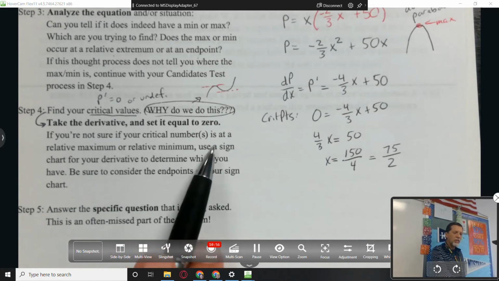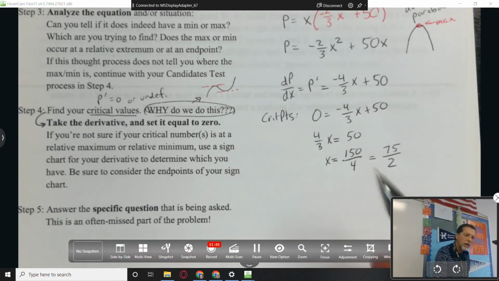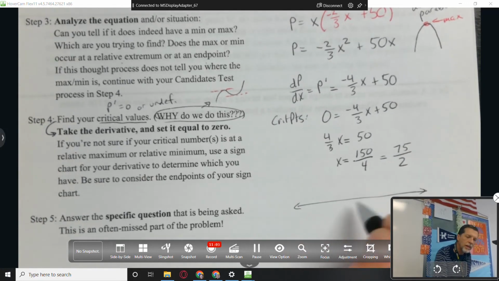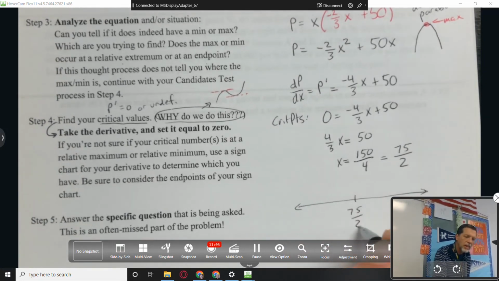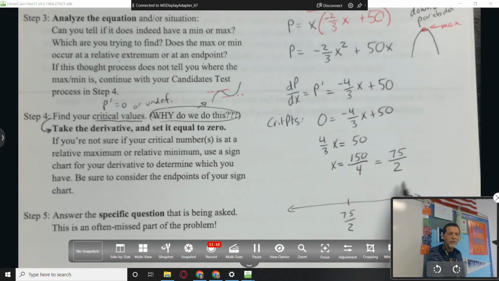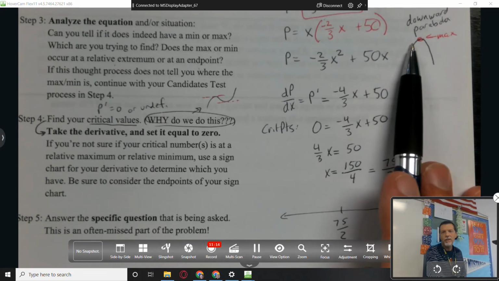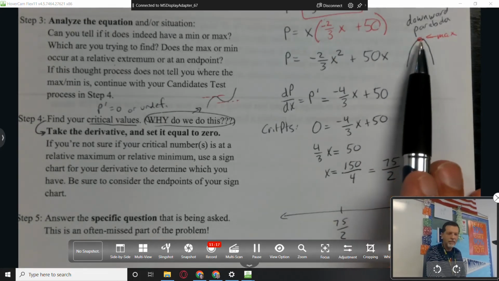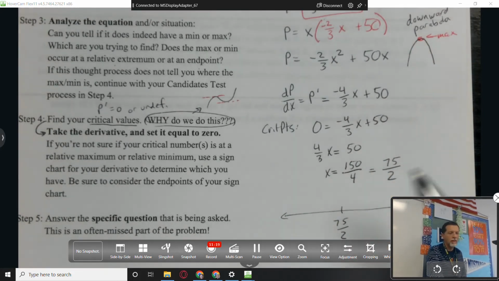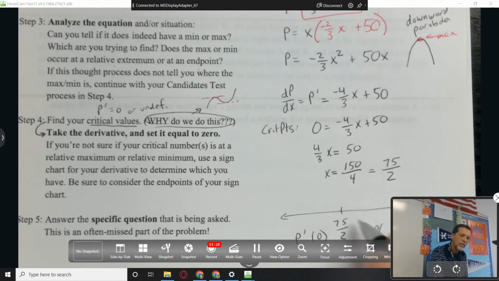If you're not sure your critical number is a max or a min, use a sign chart. That would be a number line with 75 halves on it. On this one, you could argue that we don't need to do that because we know this is a downward parabola. So the only critical point is that vertex, and it's a maximum. But if I wanted to, I could check something less than 75 halves and something more than 75 halves.